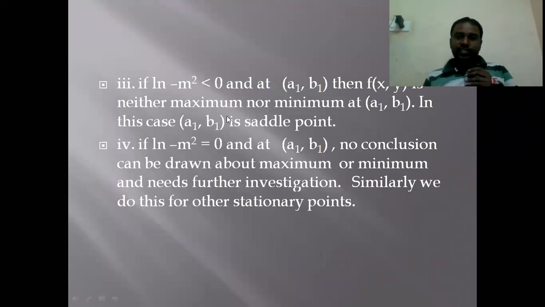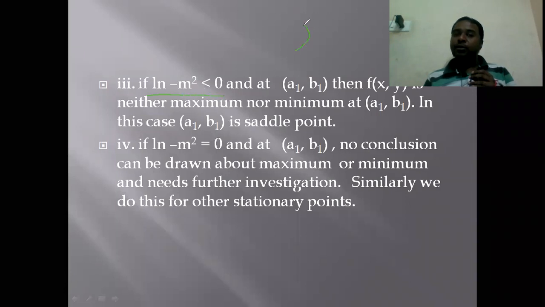So for the first two conditions, it says ln minus m square greater than 0 only. If it is less than 0, what will happen? Let's see. If ln minus m square is less than 0, then there is no need to check the L value, because L has already been checked, L greater than 0, L less than 0.